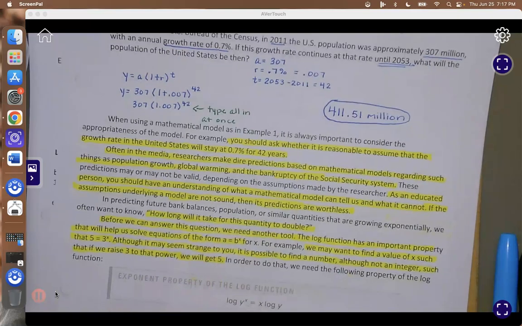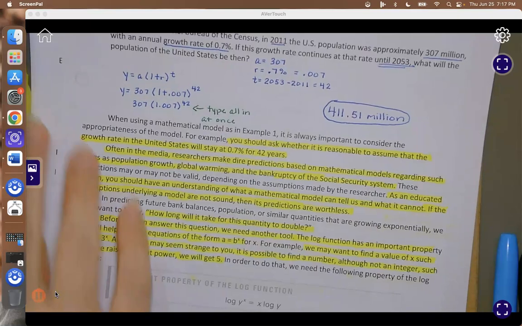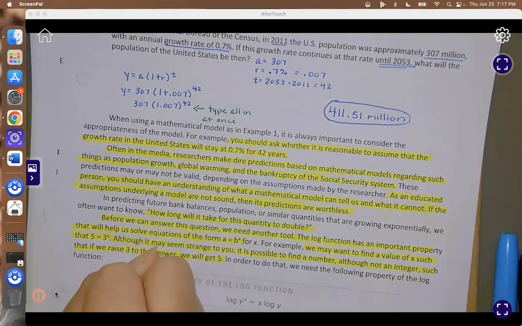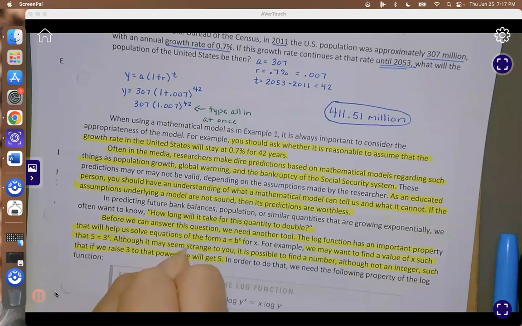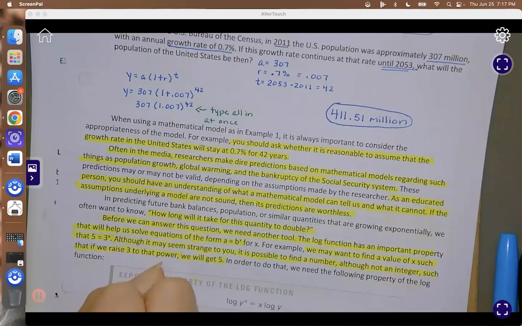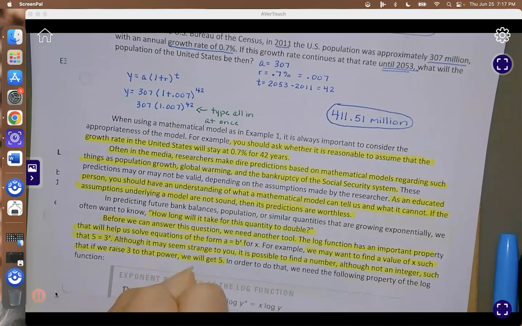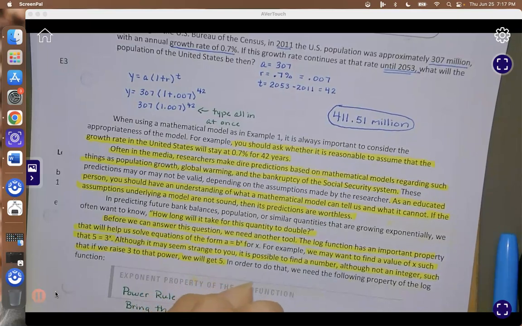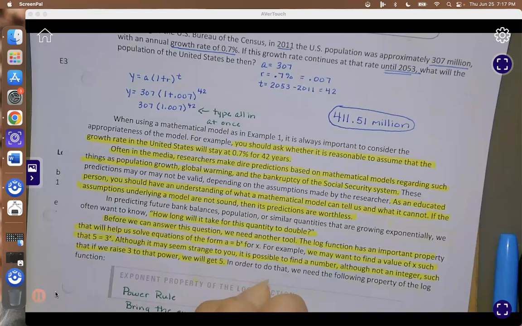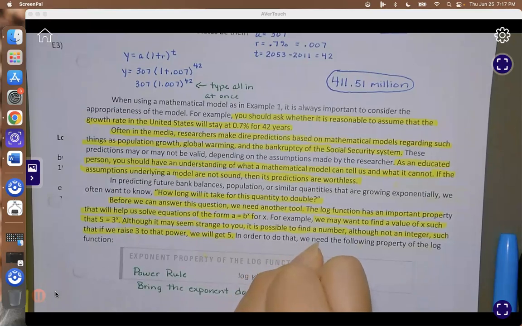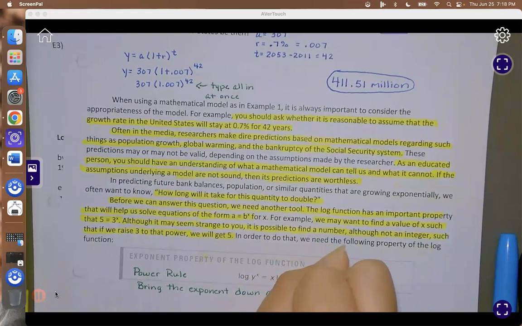Okay? In order to do that, we need to follow the property of the log function. Okay? And what this is called, if you remember back to Math 3, is the power rule of logs, which says you can bring the exponent down and out front.